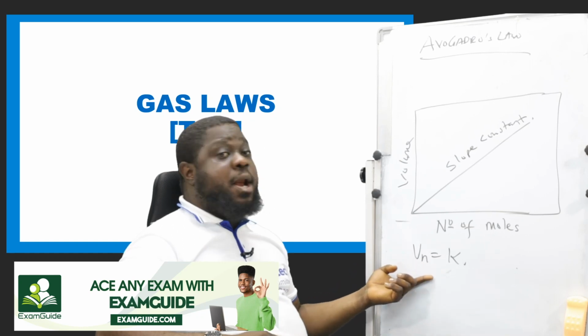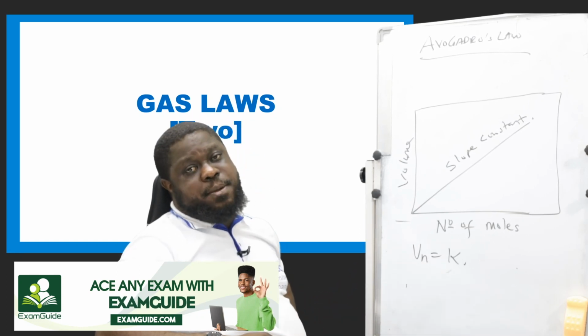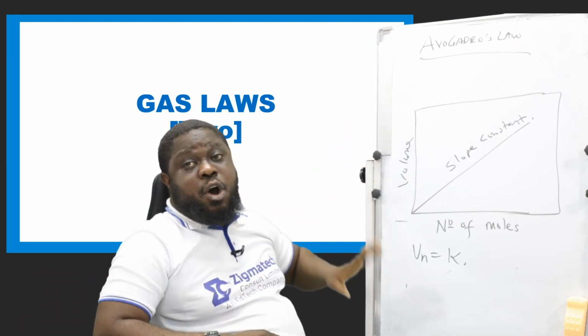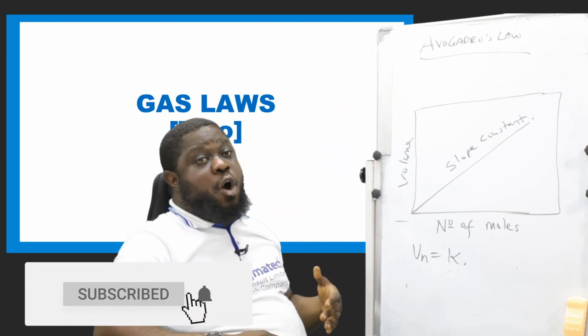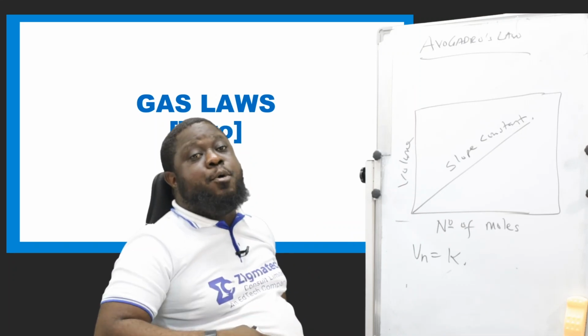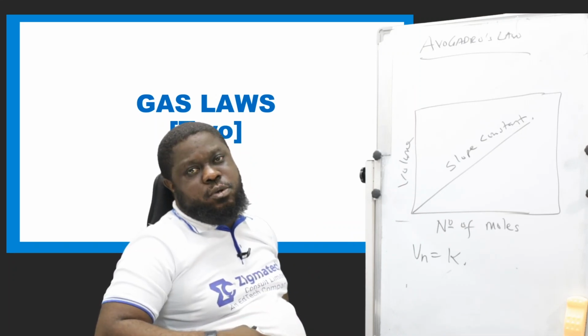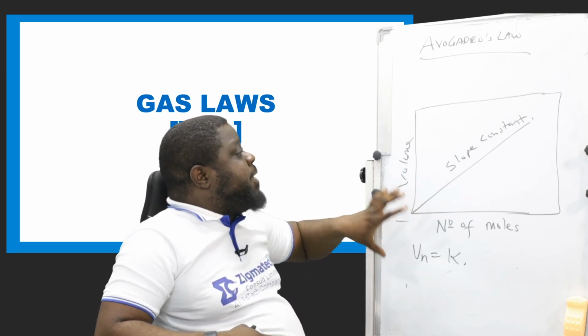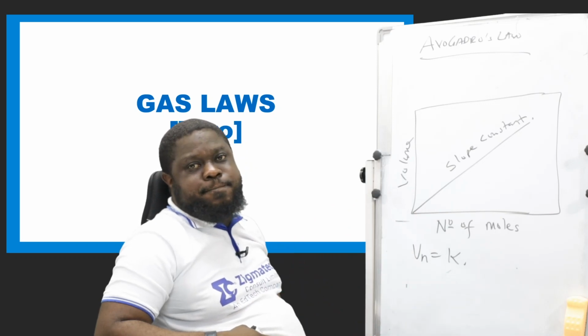So this is the graphical representation of Avogadro's constant, or Avogadro's law, or Avogadro's hypothesis. Anyway you want to call it, you call it Avogadro. This is how Avogadro's law is represented graphically.